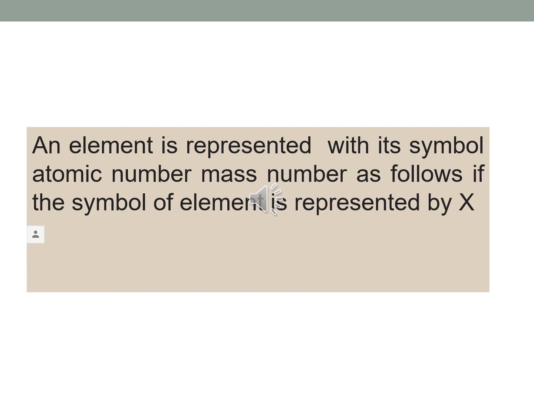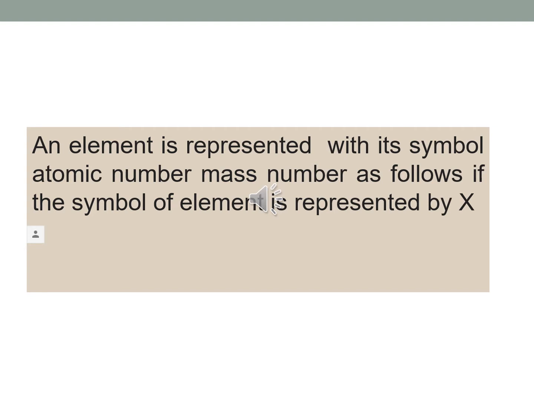Listen children. On this page number 36 you look at this: atomic number, within the bracket, Z is equal to number of protons is equal to number of electrons. The first paragraph we studied about atomic number.